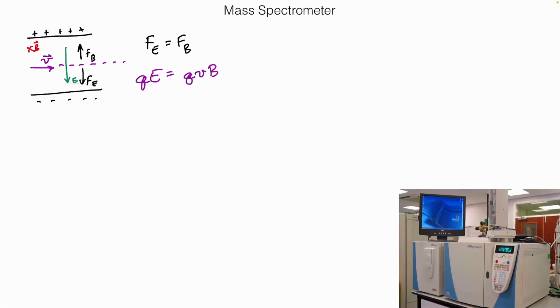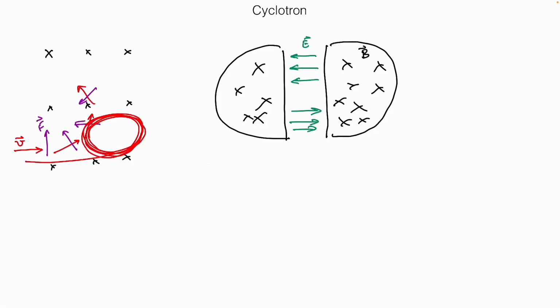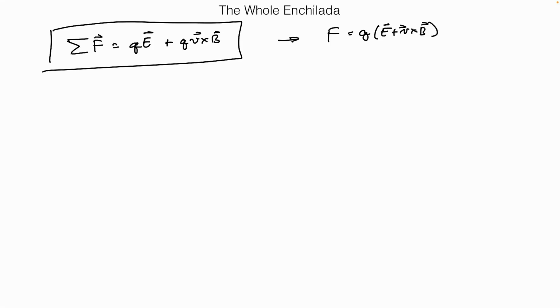Where'd qE come from? The whole enchilada, right? The force on a charge in an electric field. Where'd qvB come from? The other part of the enchilada, right?